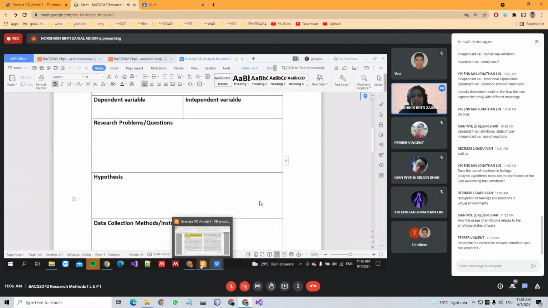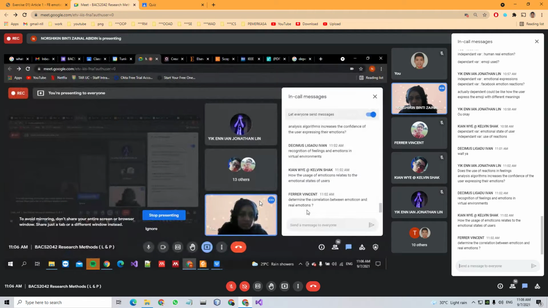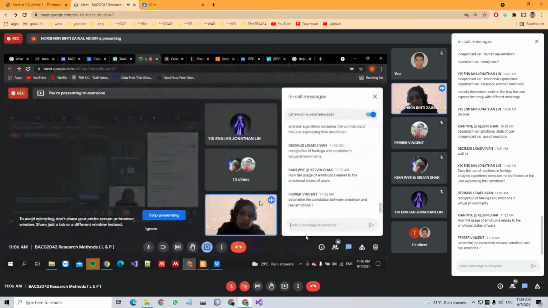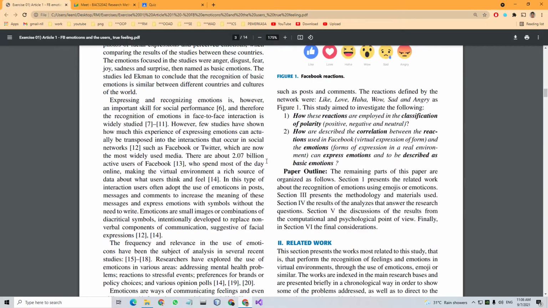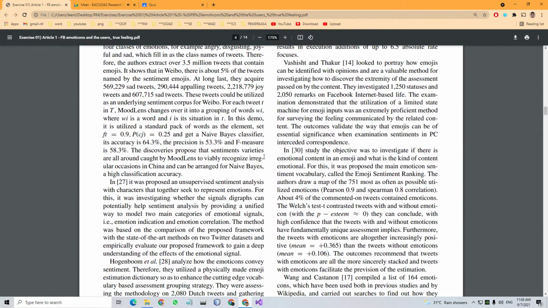What's the hypothesis? If you guys can answer this part, I think you guys can come out already with the hypothesis. So what's the hypothesis of this article? Who wants to try how to identify or how to create? Anyone want to try? Lim Jing Ming, you want to try?